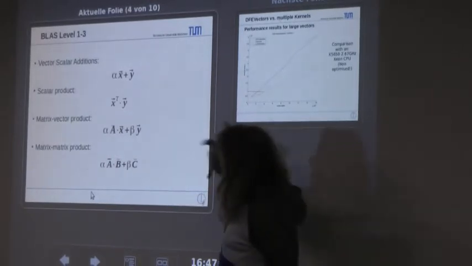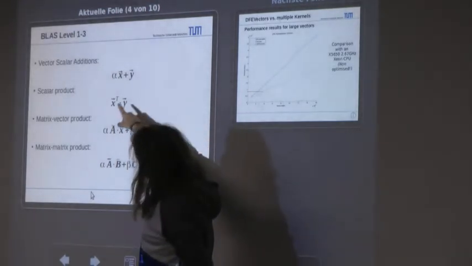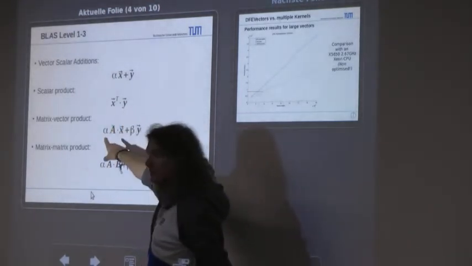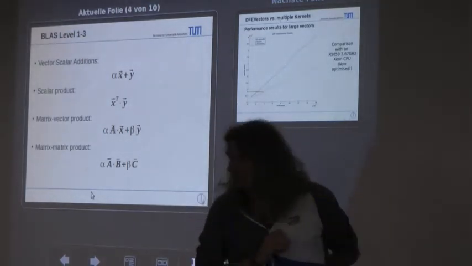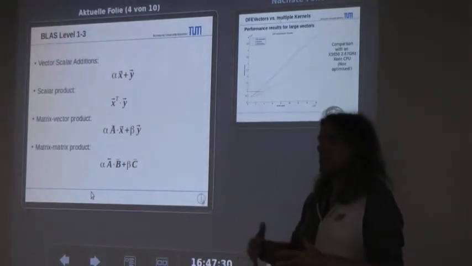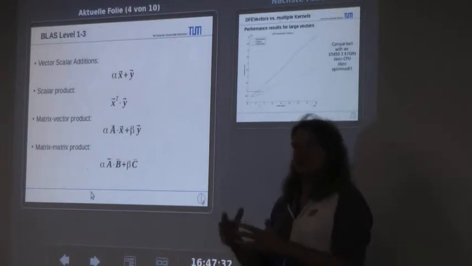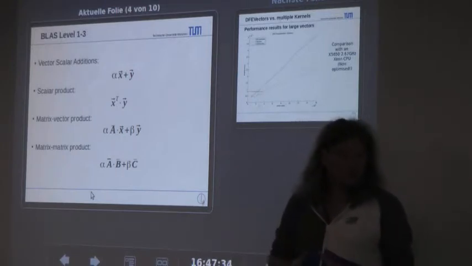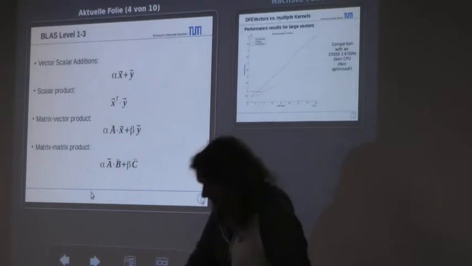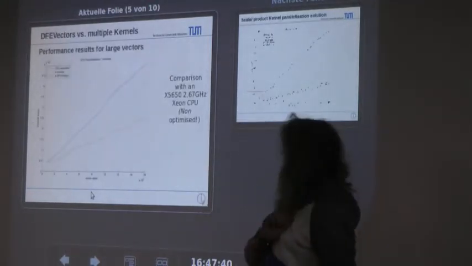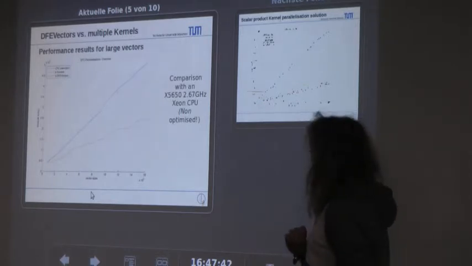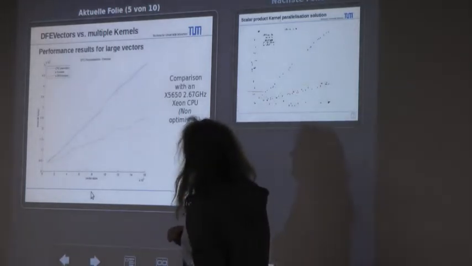More or less. It's basically vector scalar additions, scalar products, matrix vector operations, and matrix operations. This is what's being delivered by a lot of libraries, like, for example, the MKL from Intel and other numerical libraries.